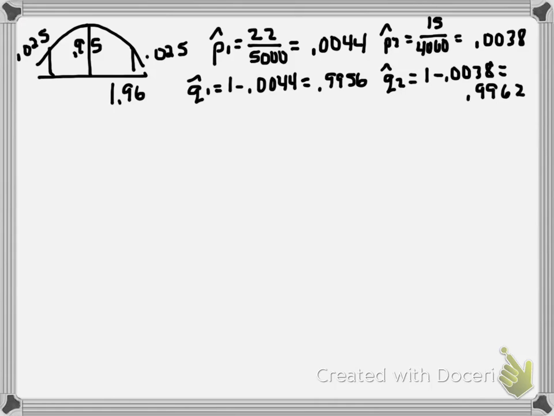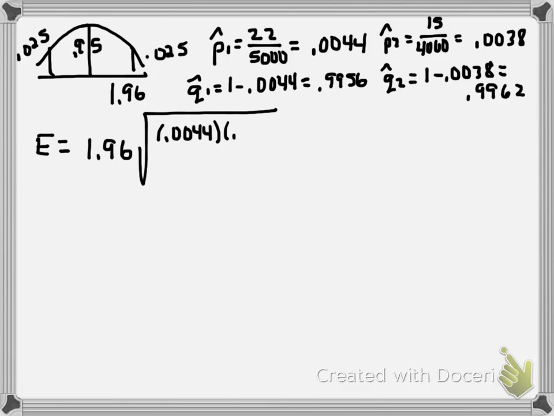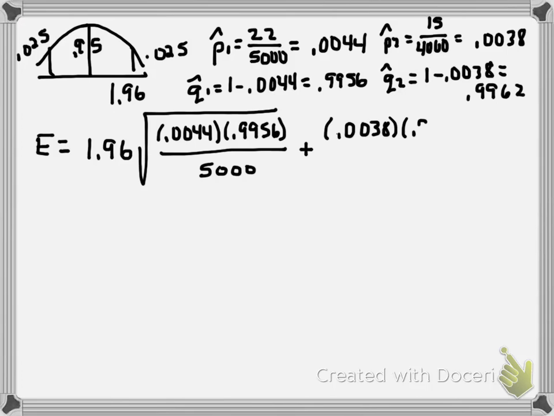Now we can find the margin of error. So we have the critical value, which we found is 1.96, times the square root of, and we need p hat 1, 0.0044, times q hat 1, 0.9956, over the first sample size, which is 5,000, plus, and then we need p hat 2, which is 0.0038, times q hat 2, 0.9962, over the second sample size, which is 4,000.